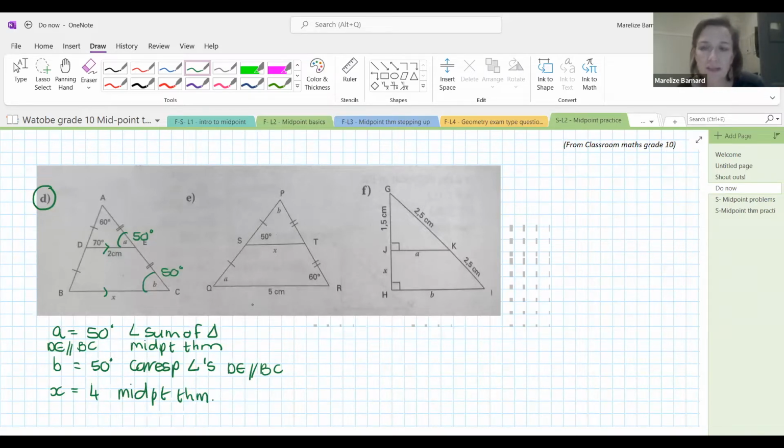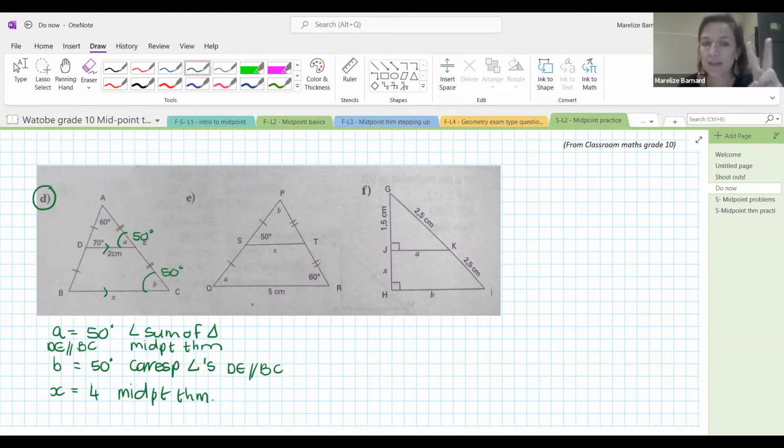That's for question D. For question E and question F, I'm going to give you 2 minutes to do all the values with the reasons. It's going to be a bit like a race.